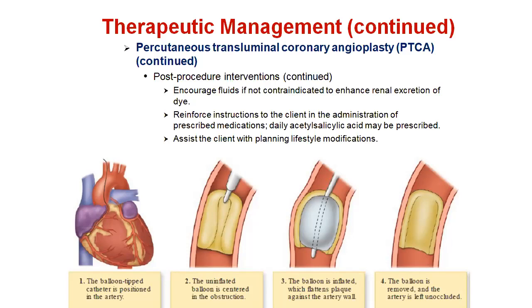Sometimes patients develop some complications because of PCI, meaning percutaneous coronary intervention, or PTCA, percutaneous transluminal coronary angioplasty. What are the complications? Like arterial dissection or cardiac tamponade. What is cardiac tamponade? Cardiac tamponade means accumulation of fluid in the pericardial sac.